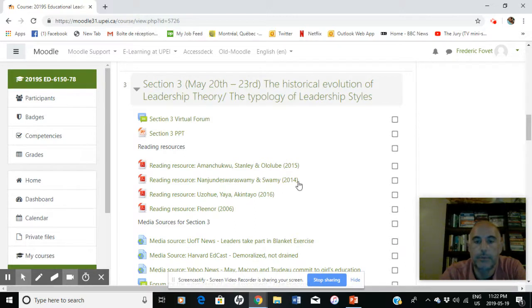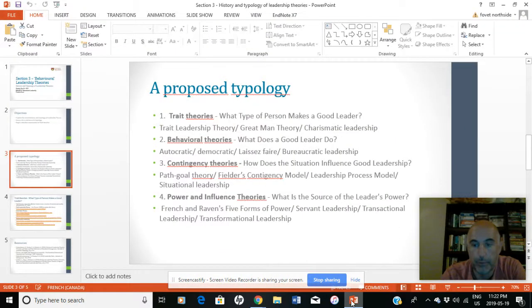That's how you're supposed to use these 3 articles, to give you a good overview of all the different leadership styles, approaches and theories that have been used in leadership generally, not just in education. So there's an awful lot of them.